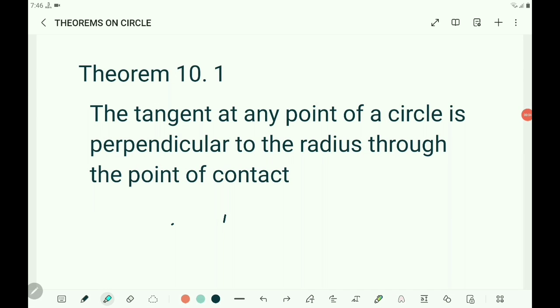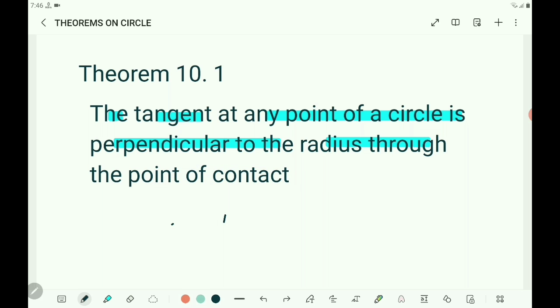So what is the statement of Theorem 10.1, which is a theorem on the circle, the first theorem on the circle? The tangent at any point of a circle is perpendicular to the radius through the point of contact.